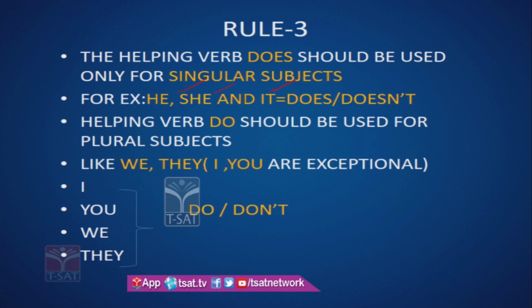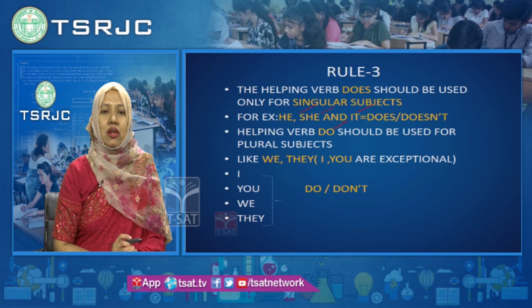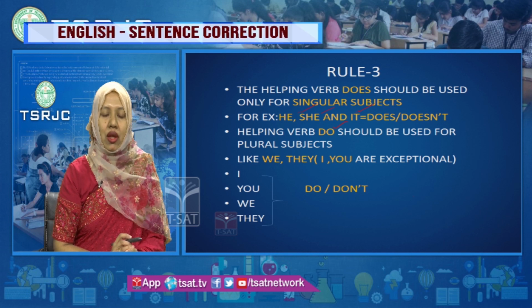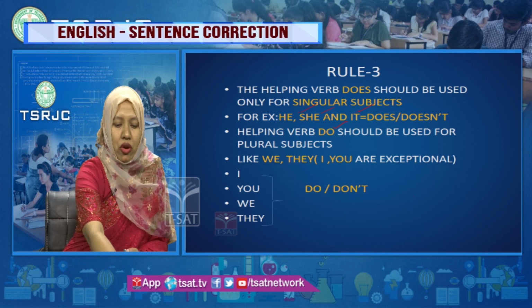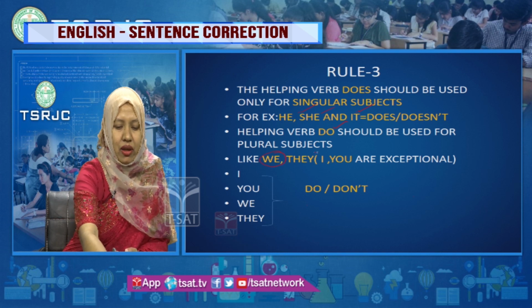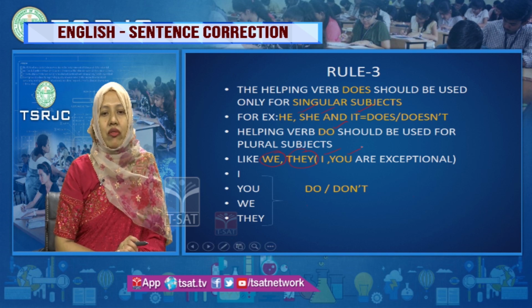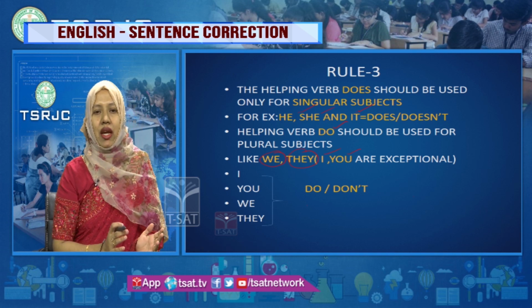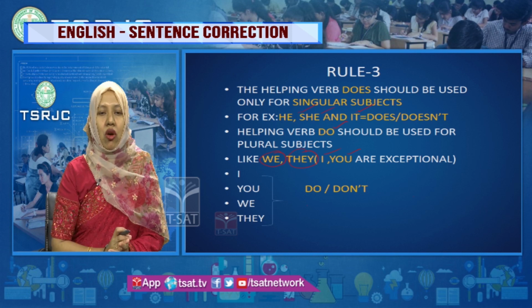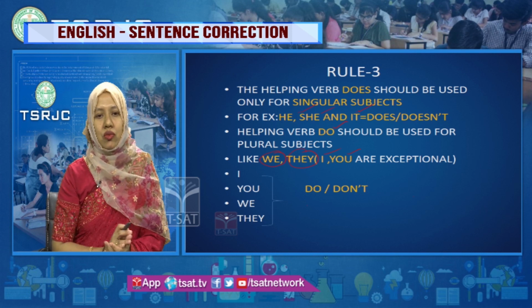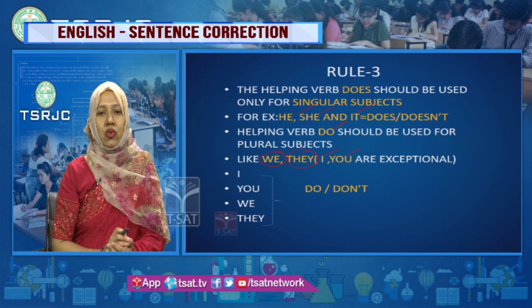The helping verb "do" should be used for plural subjects. If you look at the helping verb "do," you should always use it with subjects which are plural. The plural pronouns or subjects are we and they, and I and you are exceptional. Whenever we talk about a plural subject, we say we do, they do, I do, you do.